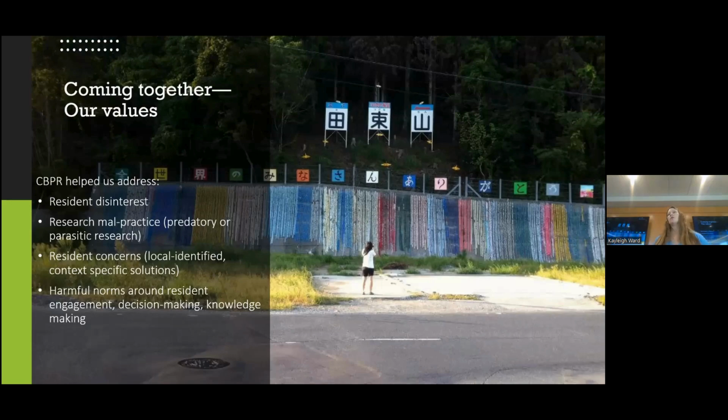But people are also exhausted from volunteers coming in, making friendships with them, and then the volunteers leave. So there's a lot of reasons why people would not be interested in participating in this. And we were also addressing harmful norms. So we were trying to empower residents to be like, come to our forum and please share your thoughts. And you will meet other people who want to do that same thing. So trying to make them feel like I can participate in decision-making processes and people want me to be there.